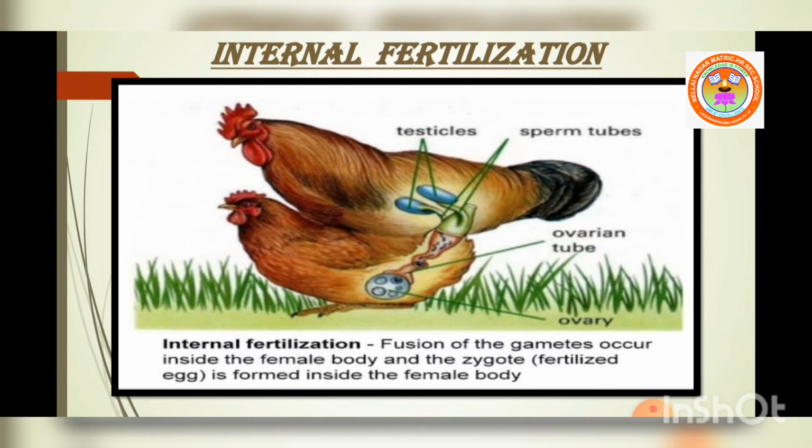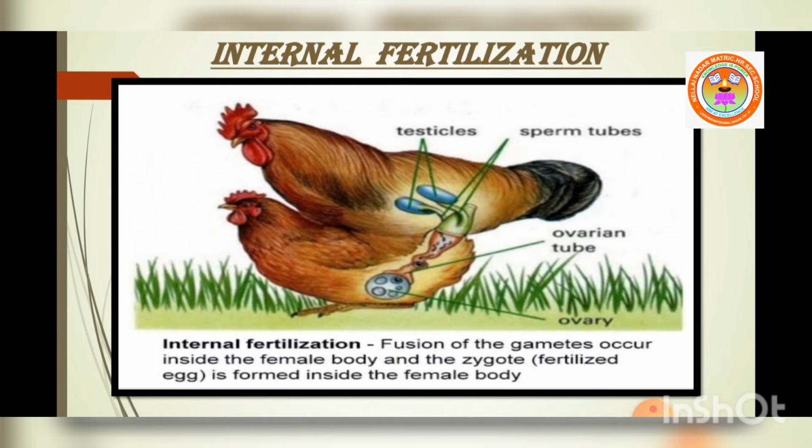So the next type of fertilization is internal fertilization. So what is internal fertilization? In internal fertilization, the fusion of male and female gametes takes place within the body of the female organism. So fertilization takes place inside the body of the female organism.